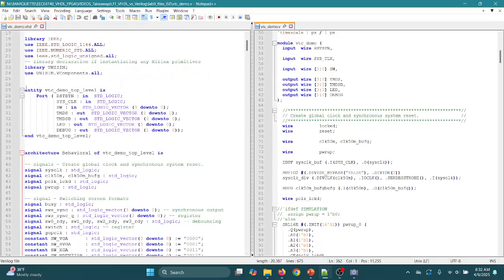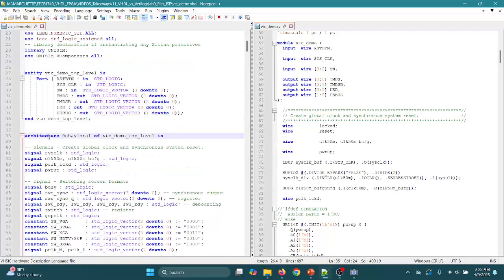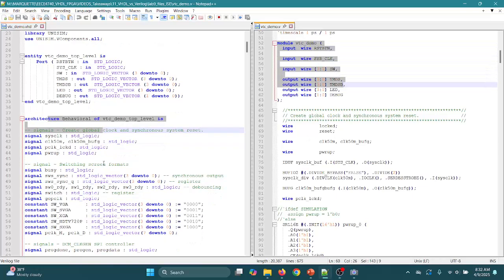So you can see here the entity declaration that I have written in VHDL, with then the architecture that starts here and goes till the end of the file. The module in Verilog starts here, and you would see some of the counterparts as I translated them from Verilog to VHDL side by side, like so.